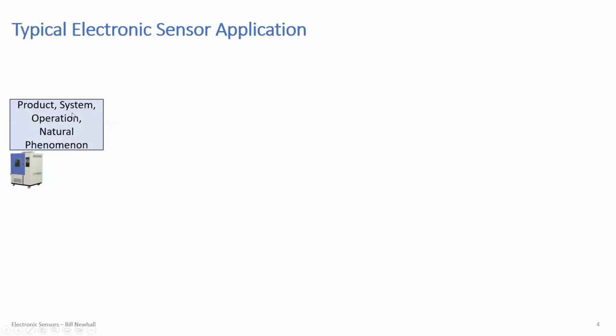So let's look at a typical electronic sensor application. So you have some kind of product, some kind of system, some operation in a factory, or some natural phenomenon that you're trying to measure, right, on Earth or in space. And you're trying to measure a physical quantity.